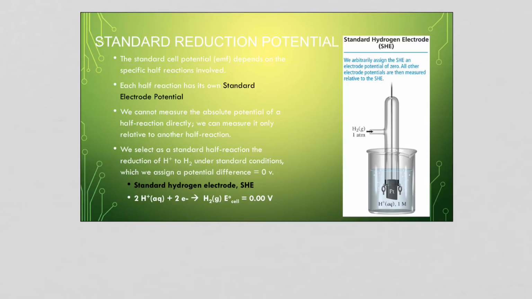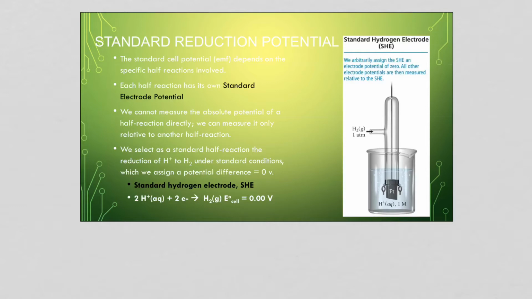Good morning. In today's session, I want to talk about the creation or generation of what we call standard reduction potentials. As we saw in the last one, we have what are called standard cell potentials for our voltaic cells.